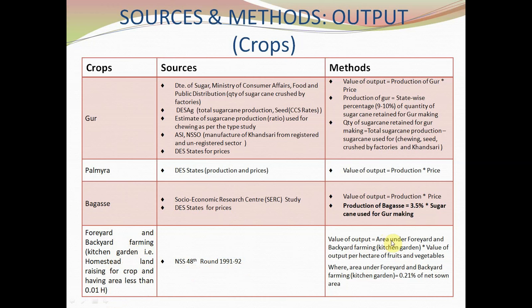For this, value of output is area under forecourt and backyard farming, kitchen garden, into value of output per hectare of fruits and vegetables, because we are growing only fruits and vegetables in a kitchen garden. Area under forecourt and backyard farming, kitchen garden, is taken as 0.21% of net sown area.